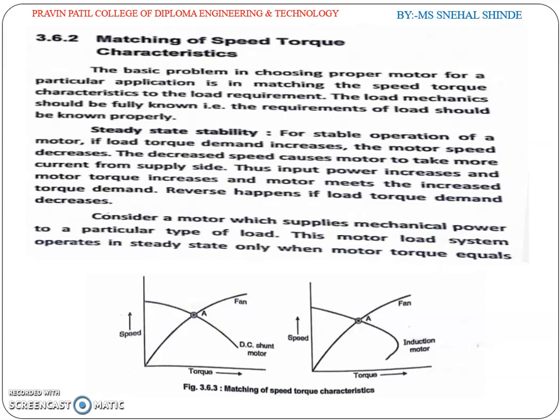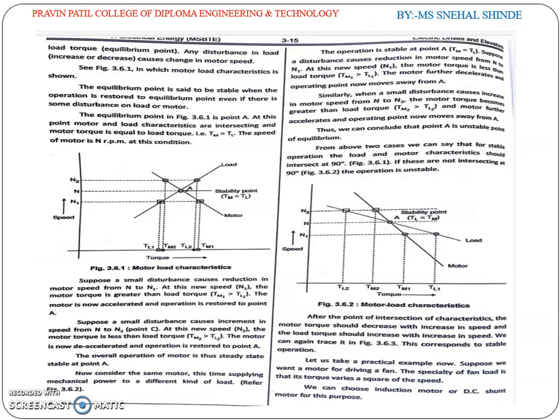Consider a motor which supplies mechanical power to a particular type of load. This motor load system operates in the steady state only when the motor torque equals the load torque.